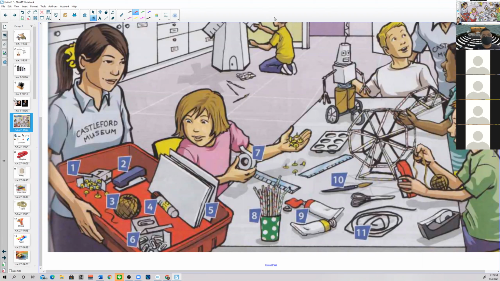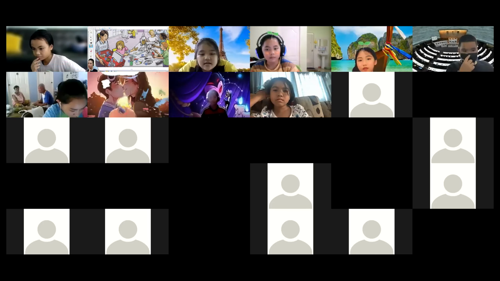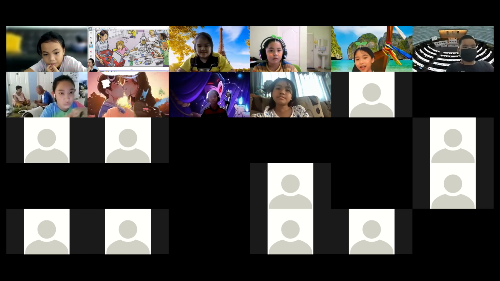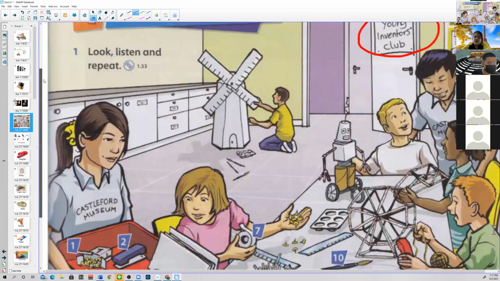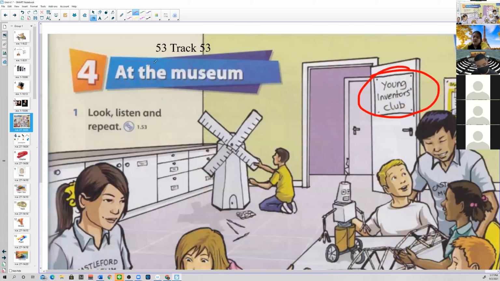Okay, so these are all the vocabulary. They're called craft items that you're going to learn for this unit. So everyone turn to page 31 and listen and repeat.